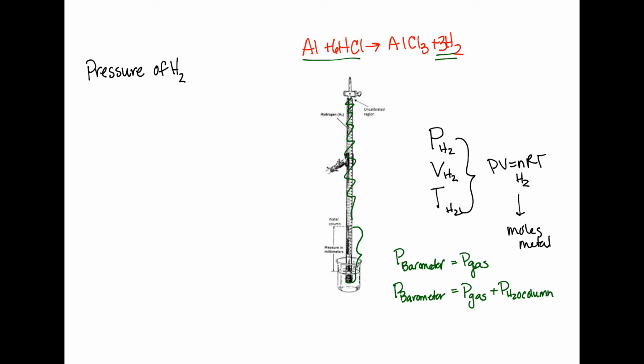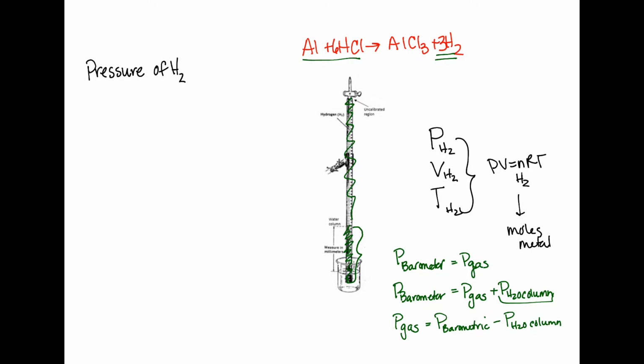So one of the corrections we need to make is for this water column if your setup has a difference in water levels here. When you rearrange this equation, you get that the pressure of the gas is equal to the barometric pressure minus the pressure of the water column. And your results section will tell you to do that.